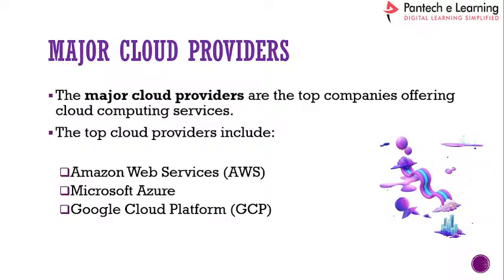So imagine you want to start an online store with AWS. How can you do it? You can host your website using AWS servers instead of buying your own, which would be very costly.